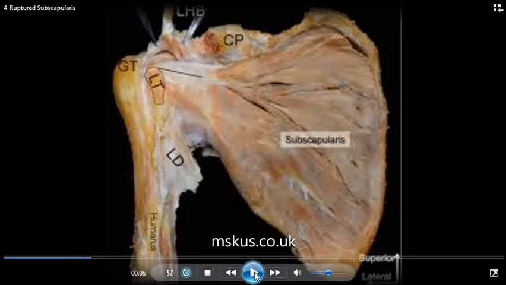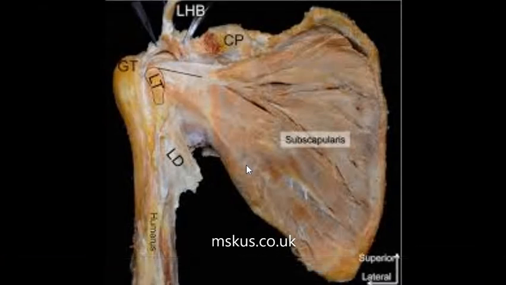So in this case we will see an example of a ruptured subscapularis tendon, which is a little unusual. If we first just have a reminder, the subscapularis muscle comes from the subscapular fossa between the posterior aspect of the rib cage and the scapula.